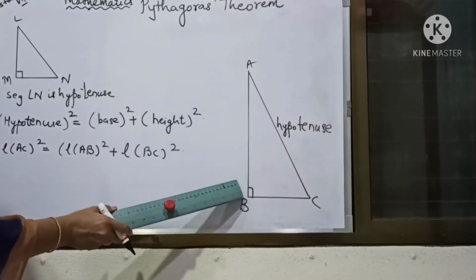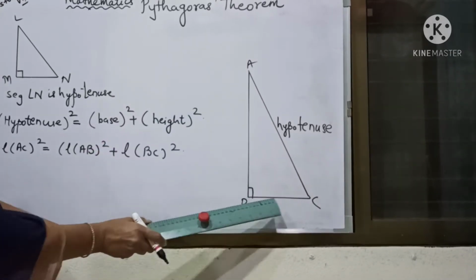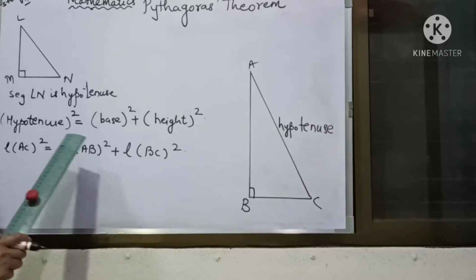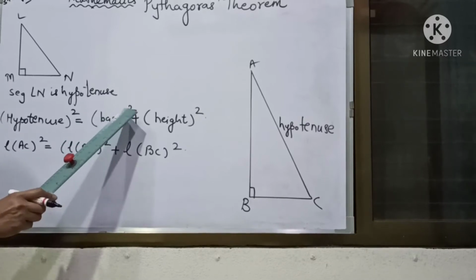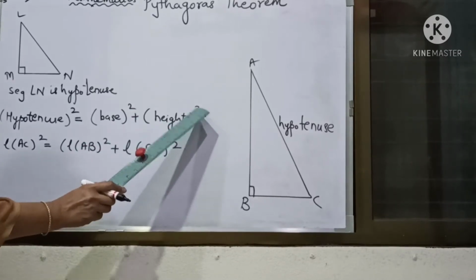Here length AB is the height and length BC is the base. So we can write hypotenuse square is equal to base square plus height square.